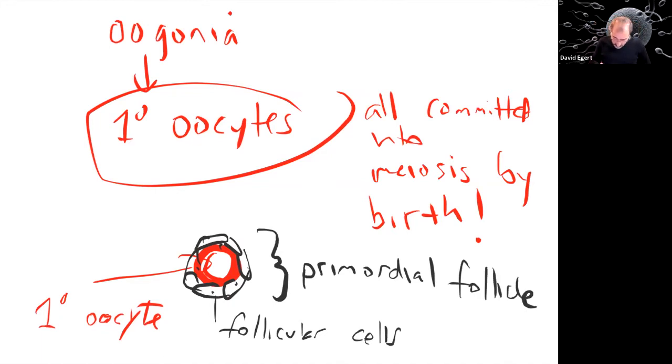It's a cell committed into meiosis but in suspended animation, with these cells that are going to further develop to create the more elaborate structure around it.